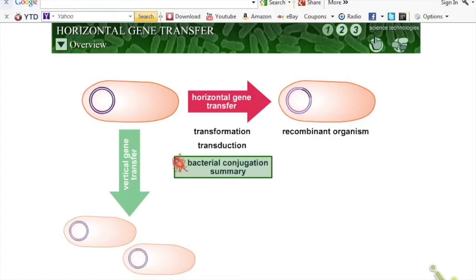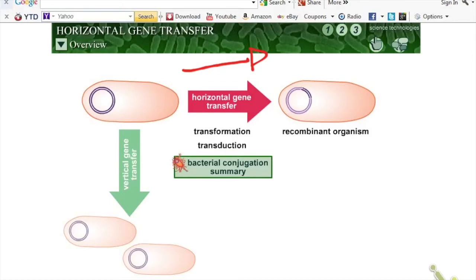Unlike horizontal, which means that the genes are being transferred into another bacterial cell. And this explains why some bacteria will have capsule, some bacteria will not have any capsule.